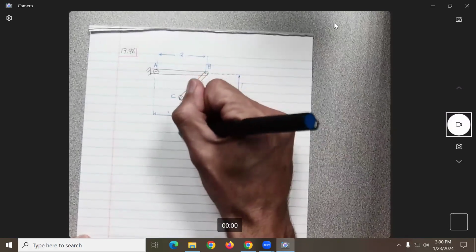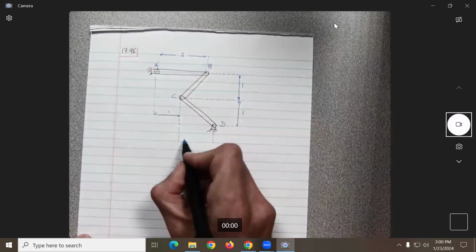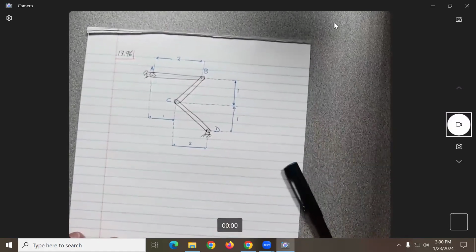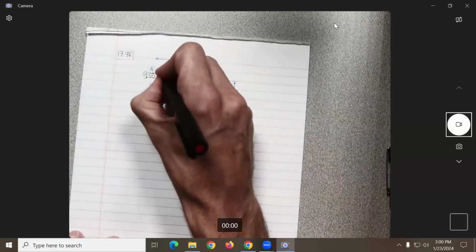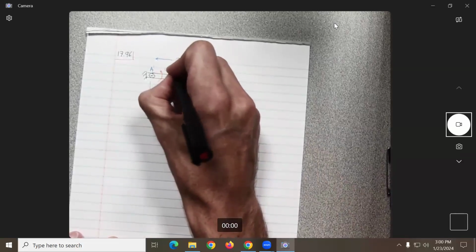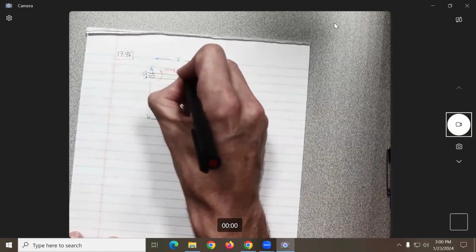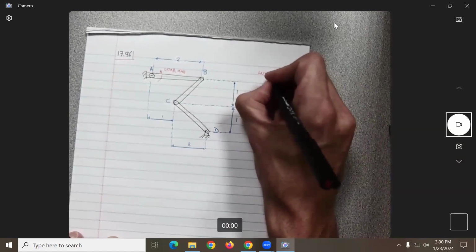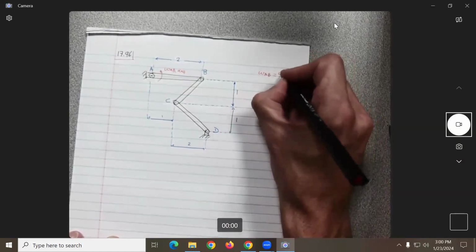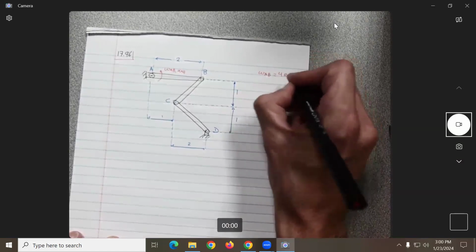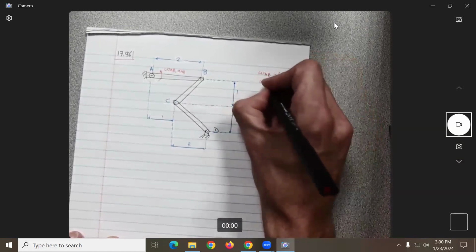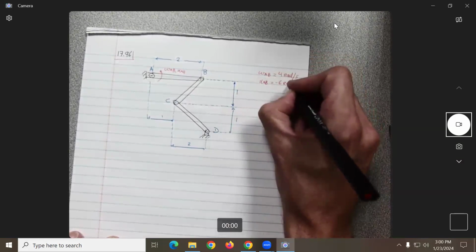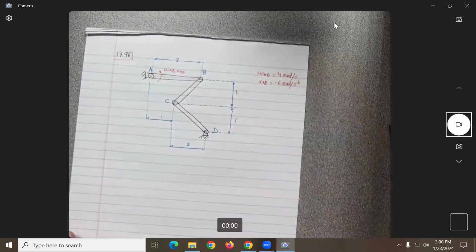And from C to D is 2. So they say that omega AB and alpha AB are known. So omega AB is 4 radians per second. And alpha AB is minus 6 radians per second squared.